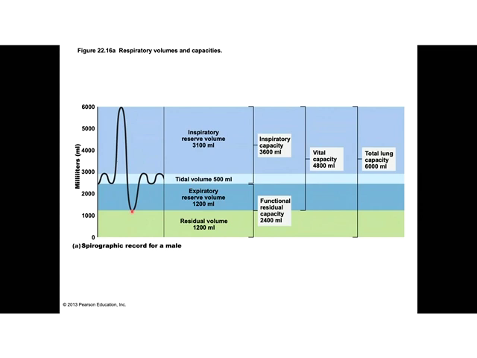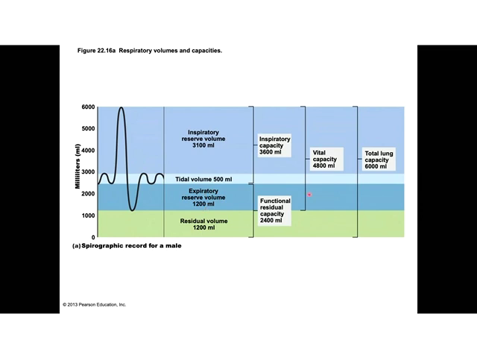And then we have combination volumes, right? Inspiratory capacity is the combination of your tidal and your inspiratory reserve. And then functional residual is your residual plus your expiratory reserve, okay? And then there's your expiratory capacity, which is your tidal plus your expiratory reserve, okay?